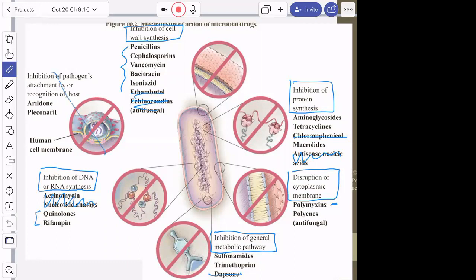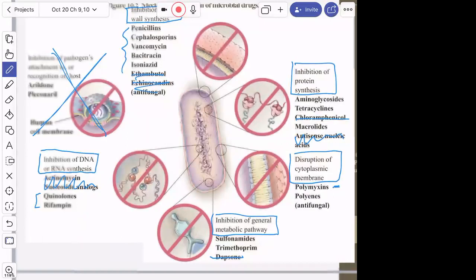And we're not going to worry about this last mechanism. These are antiviral drugs that might inhibit a virus from attaching to a host cell. In general, we don't have very good antiviral drugs, probably the exception being for HIV. We have some good drugs that work for HIV, but for flu, we've got drugs, but they don't work very well.